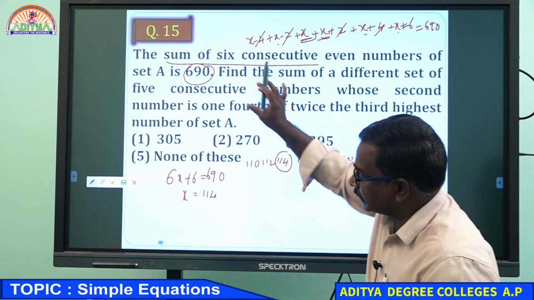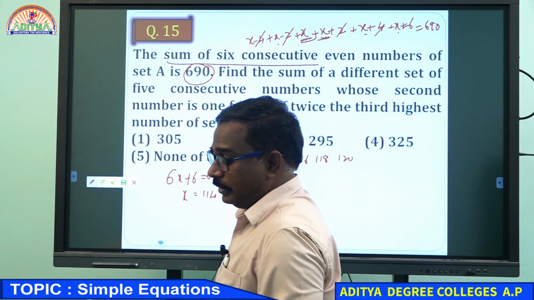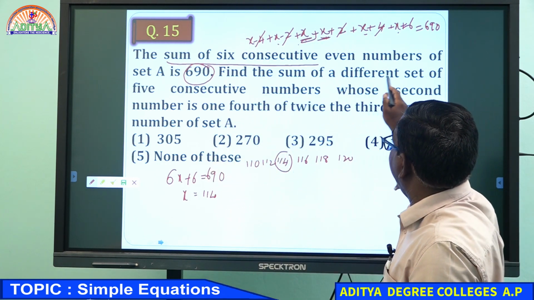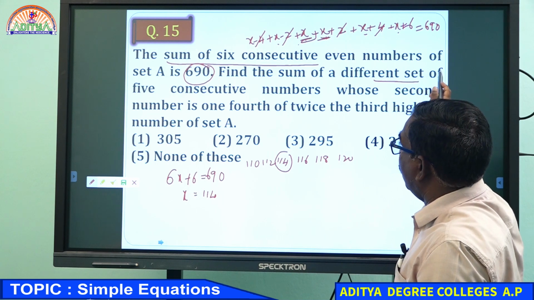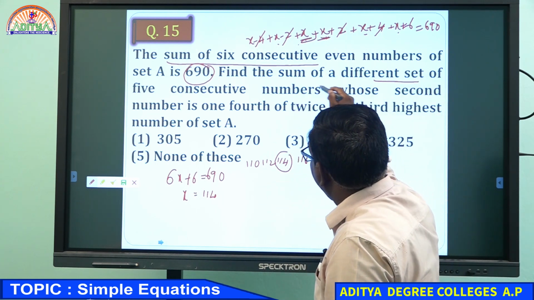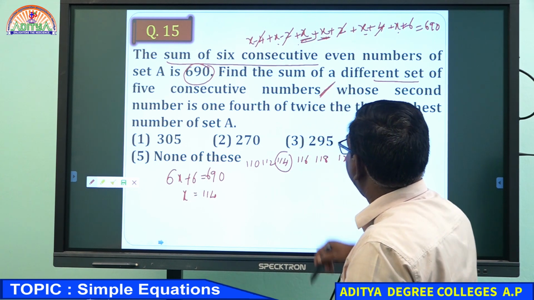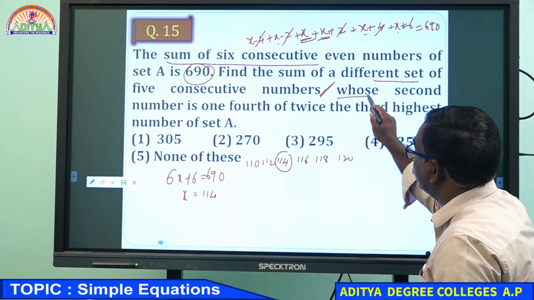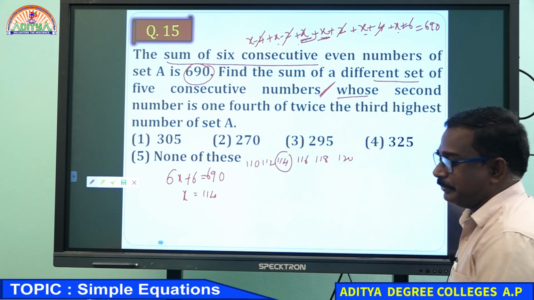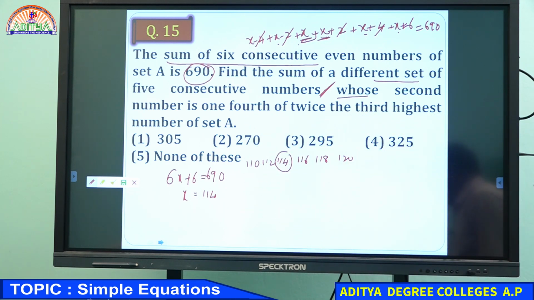Now what is asked, keep that point in your mind. Find the sum of a different set of 5 consecutive numbers. Different set of 5 consecutive numbers. Now what happens here? The second number is 1/4. Where is the second number here?